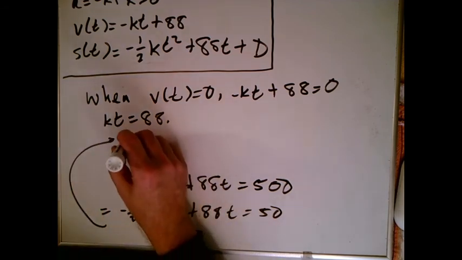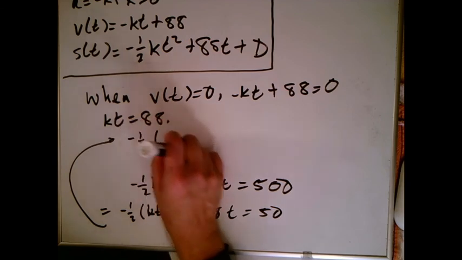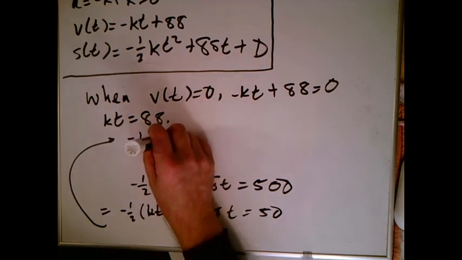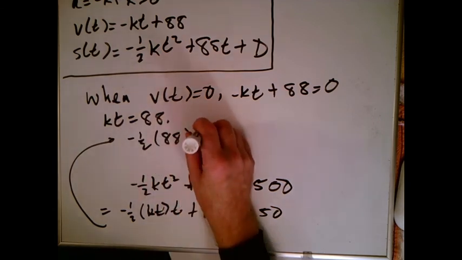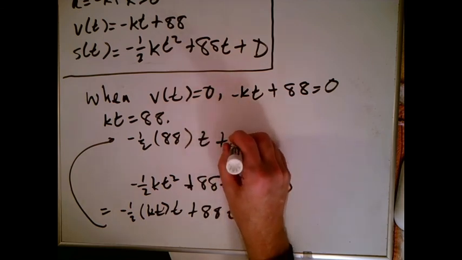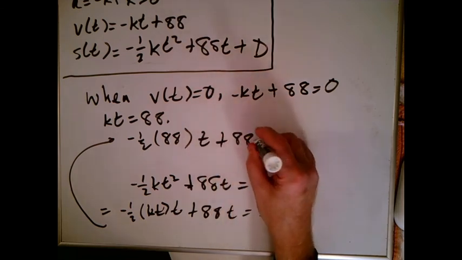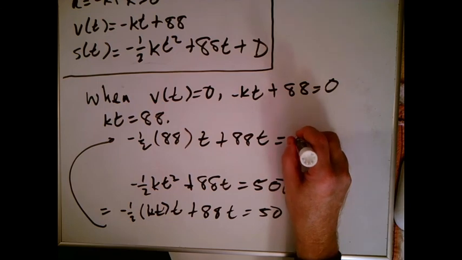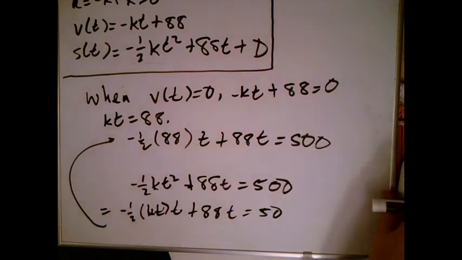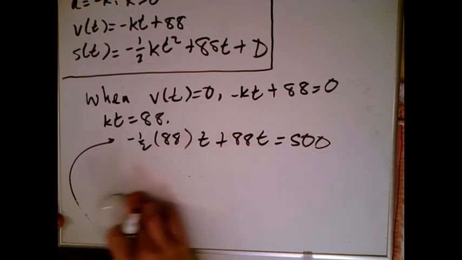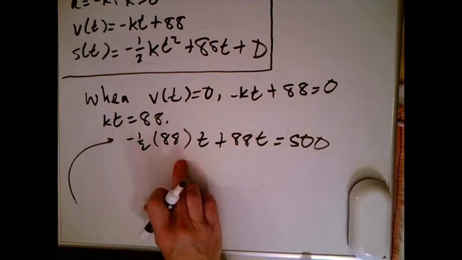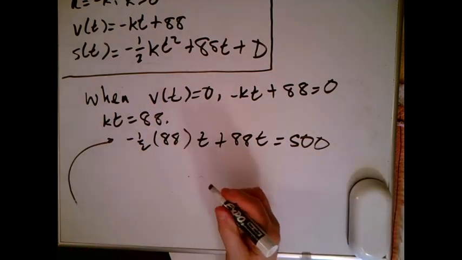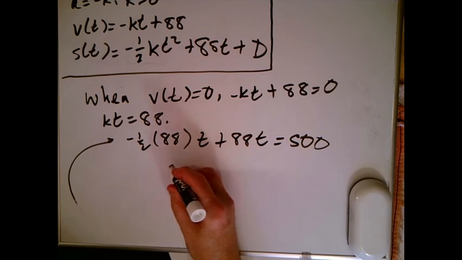So I'm going to get minus 1/2 times kt, which is 88, times t, plus 88t equals 500. Now we see the arithmetic is going to be pretty easy, because minus 1/2 88t plus 1 times 88t is 1/2 88t. That's just 44t.